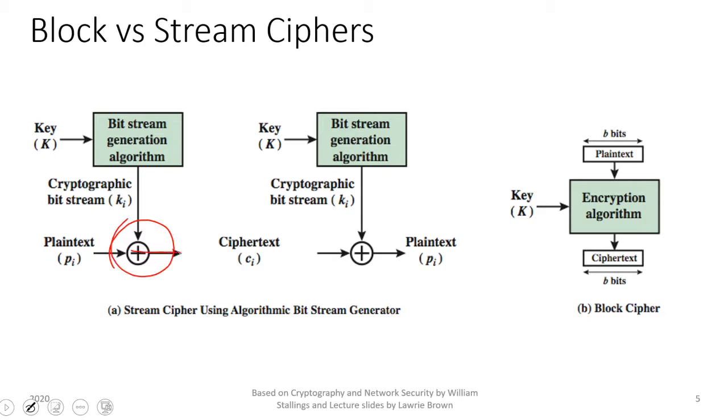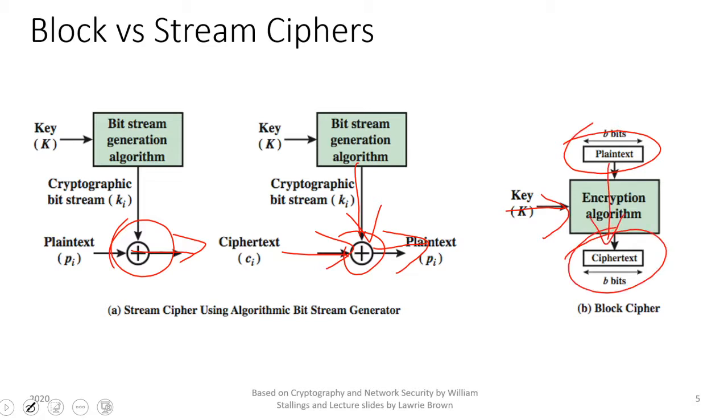Then we apply the encryption function and get the ciphertext, and we may do the reverse with the bit stream of the ciphertext and the cryptographic bit stream of the key, and then we get the plain text. So that is for the stream cipher. Whereas for a block cipher, we have a key and a plain text as a block, we put it through the encryption function, and we get the ciphertext as a block again.